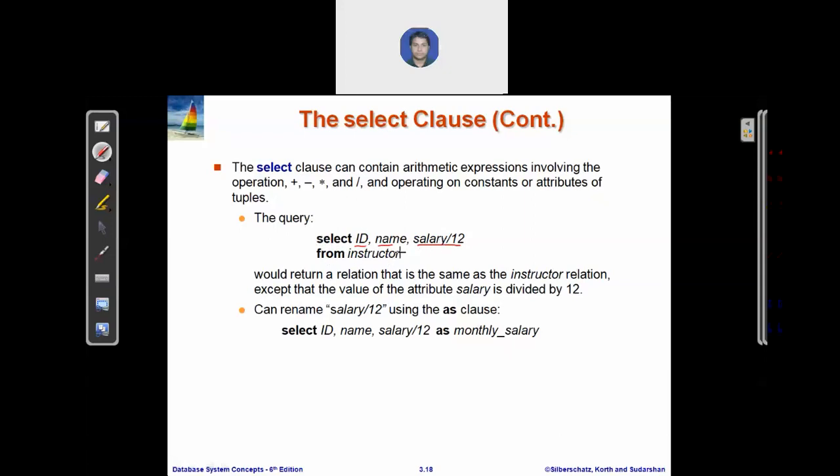Suppose the annual salary is mentioned in your instructor table, and you want the monthly salary of that instructor. So you just write the query ID, name of the instructor, and salary divided by 12. In the resultant table, you will see the monthly salary of the instructor. So this is a kind of operation you can apply over the select clause.